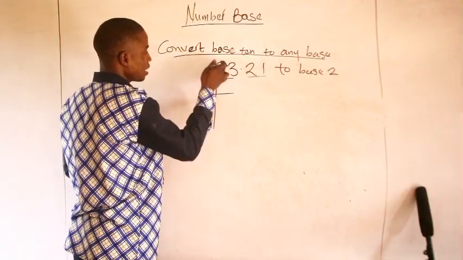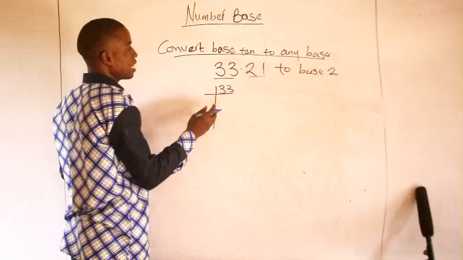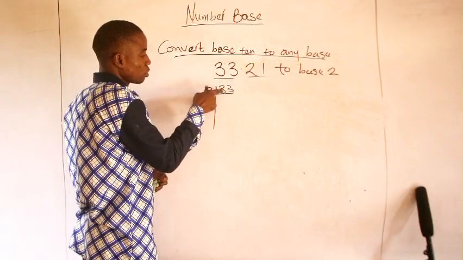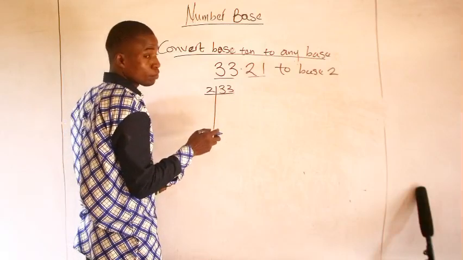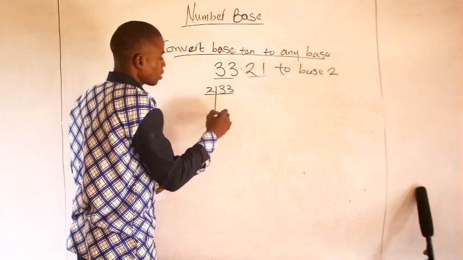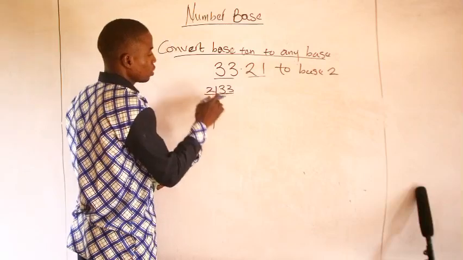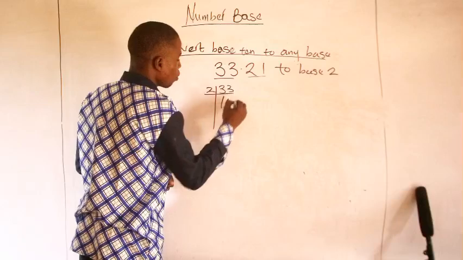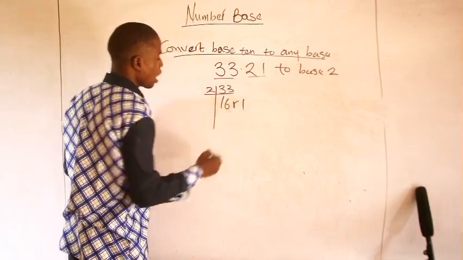Put it here. What is here? 33. Now, 2. This one divided by this is what? 16 remainder 1.